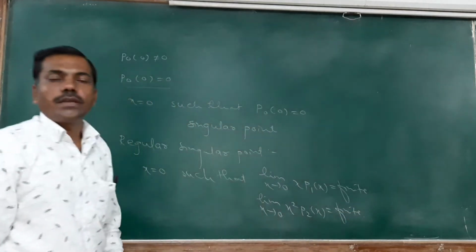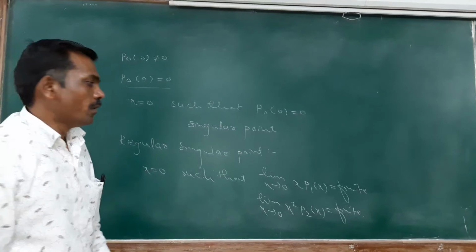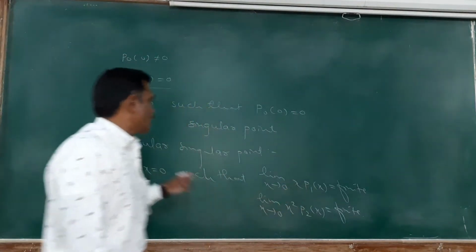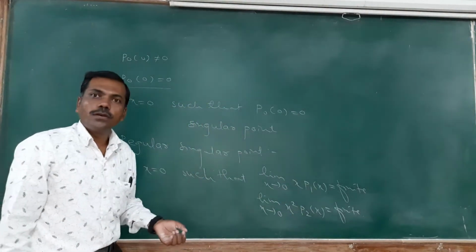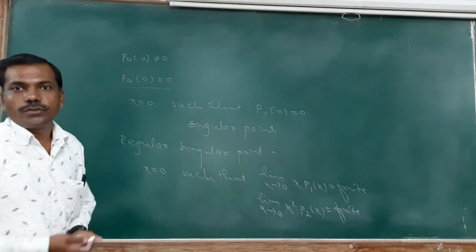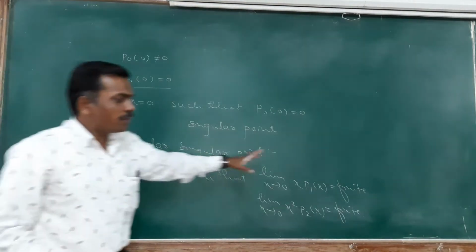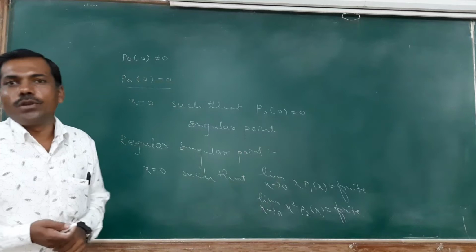This limit is finite, it may be 0 or any number. Then we can say this is a regular singular point. And if this is not the case, then it is called an irregular singular point.